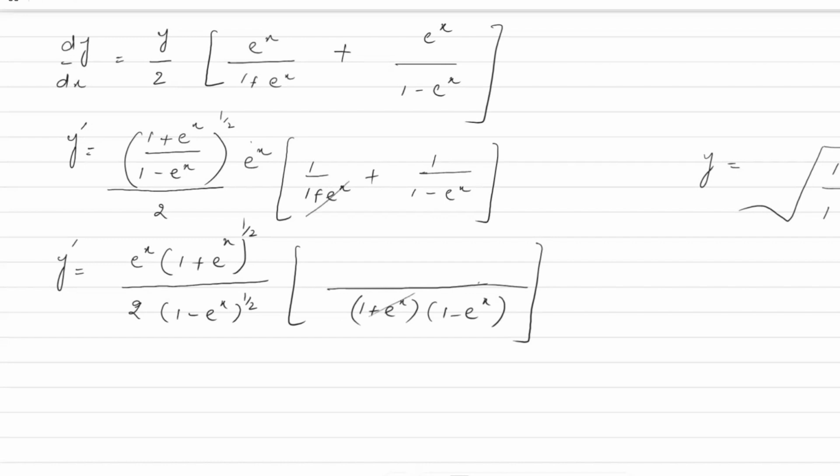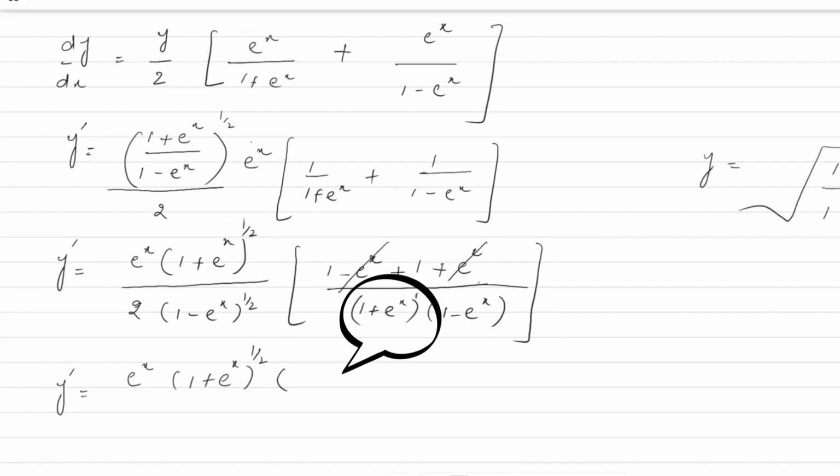So this will be cancelled with this. Remaining is 1 minus e of x multiplied by 1 plus e raised to the power x, plus this will be cancelled with this and this term will be multiplied with 1 to the power x. This is cancelled, negative positive will be cancelled, and this 1 power when it goes in the numerator, it will become minus 1, and 1 plus 1, 2 will be coming.